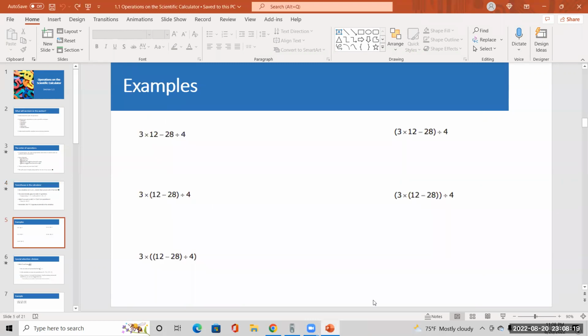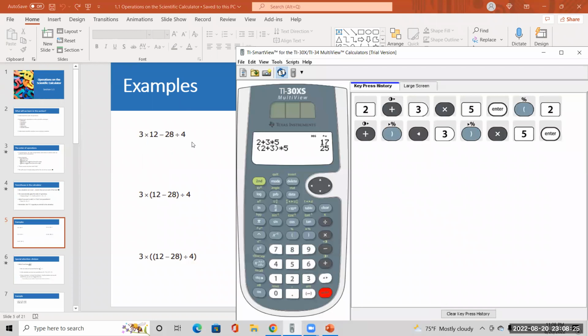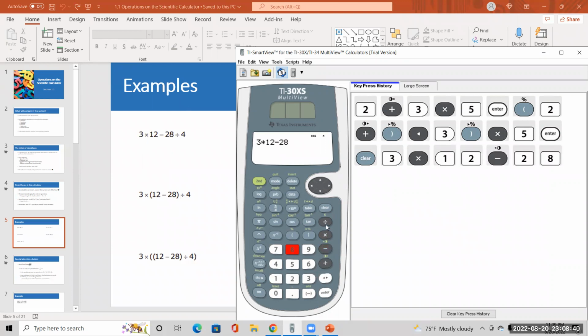Okay, let's look at some examples here. If we want to have 3 times 12 minus 28 divided by 4 with no parentheses, we can just enter that directly into our calculator. We can say 3 times 12 minus 28 divided by 4.